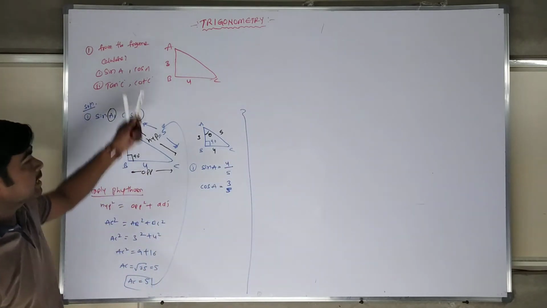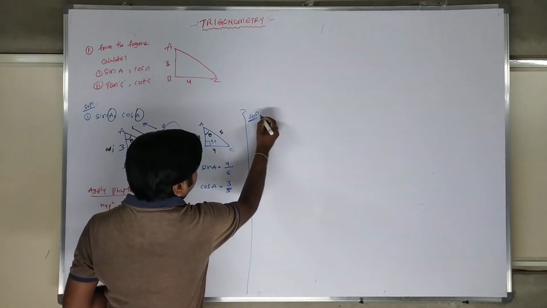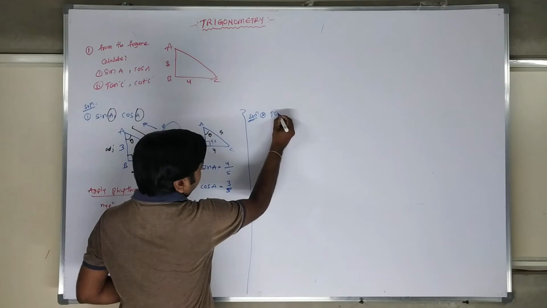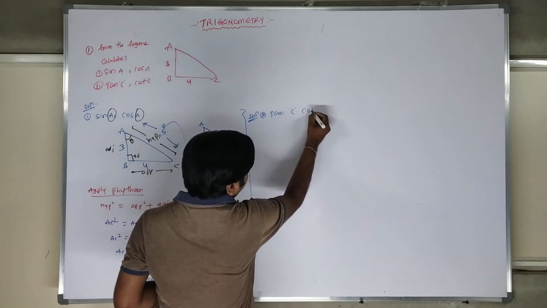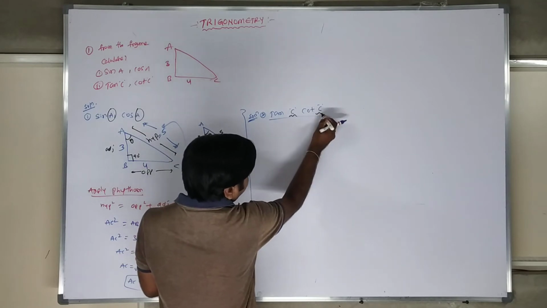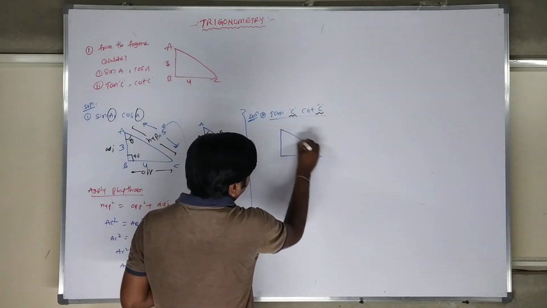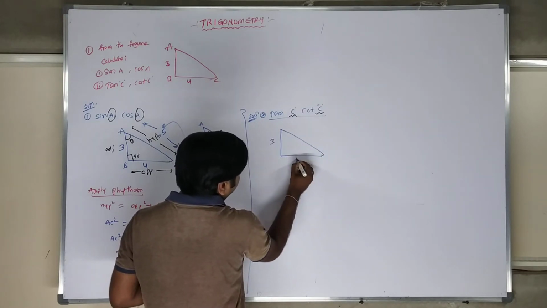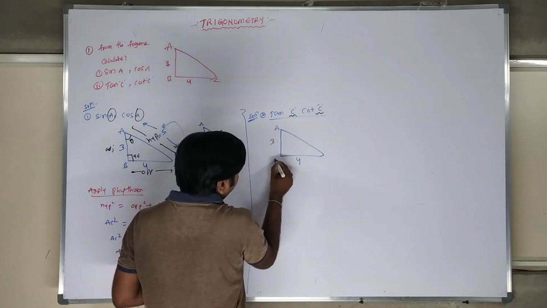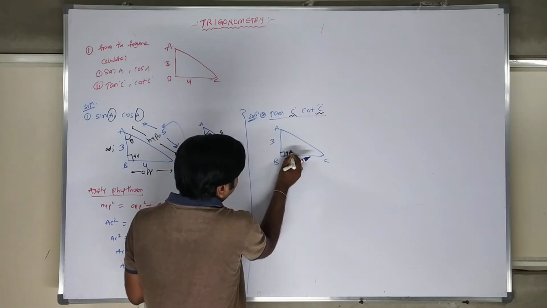In the second bit they are asking tan C and cot C. So, solution to the second question: tan C and cot C. The moment they ask about C, please draw the diagram from the given question: 3, 4, A, B, C. This is already 90 degrees, it's fixed.